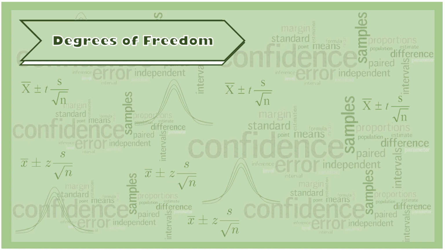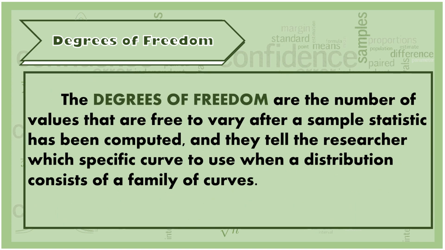When we say degrees of freedom, these are the number of values that are free to vary after a sample statistic has been computed, and they tell the researchers which specific curve to use when a distribution consists of a family of curves.